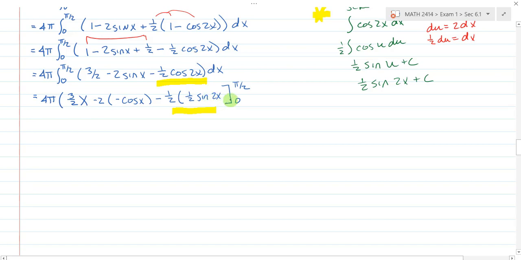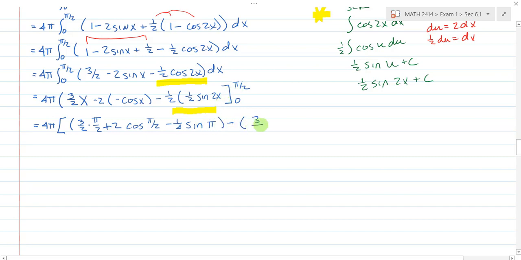All right, so now we use the fundamental theorem of calculus, and we're going to plug in our numbers. So this is going to give us 4 pi times, plug in your upper bound, and you're going to get 3/2 times pi over 2 plus 2, because I've got to distribute that negative right there, plus 2 cosine pi over 2 minus 1/4 sine, and then 2 times pi over 2 ends up being pi, doesn't it?